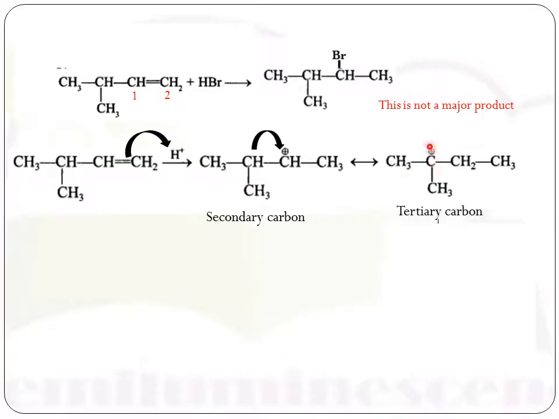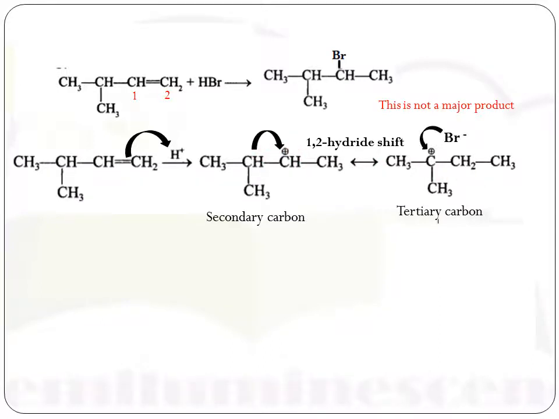This carbocation is now a tertiary carbocation because it is bonded with three other carbon atoms, and we know that a tertiary carbocation is more stable as compared to a secondary carbocation. Hence, this carbocation is formed in this reaction and obtained in a larger quantity. This is called a 1,2 hydride shift.